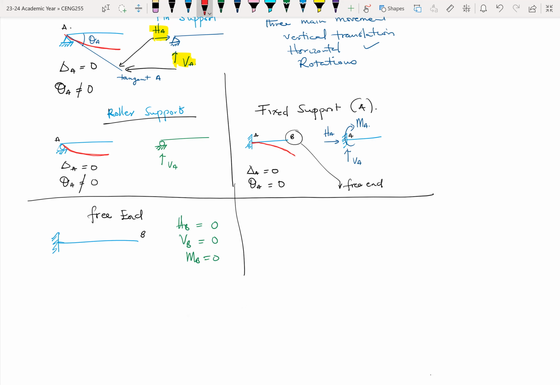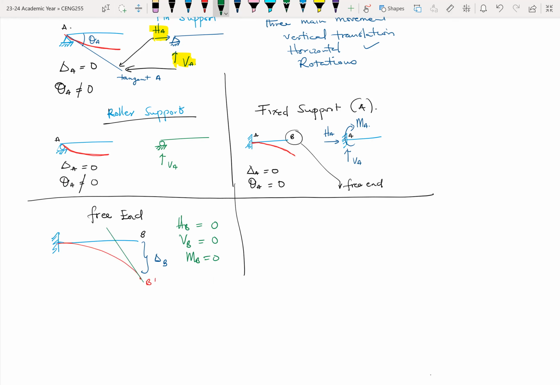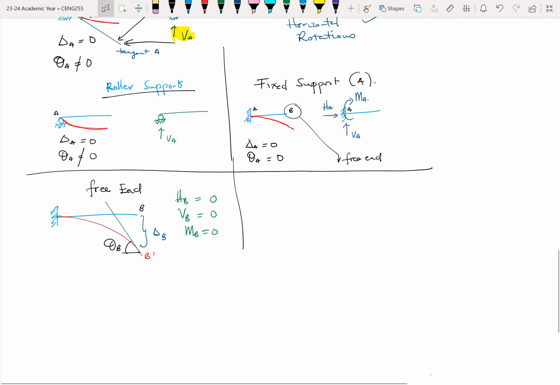What this means is when I draw my elastic curve at B, this is a new position of B, which means that there will be some deflection occurring, delta B, and also some rotation occurring at B. The angle this makes with the horizontal will be theta B, because there are no moments and no vertical or horizontal reaction.